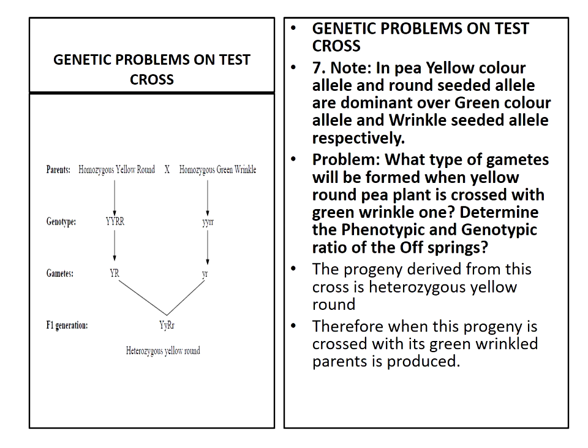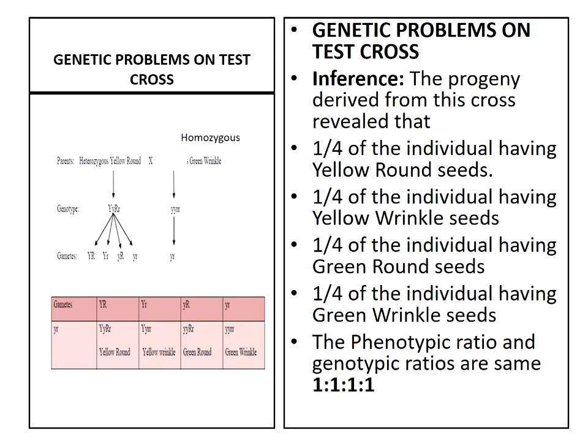Therefore, this progeny is crossed with the green wrinkle parent. The heterozygous yellow round, that is the F1 generation, is crossed with the homozygous green wrinkle, that is the recessive parent.